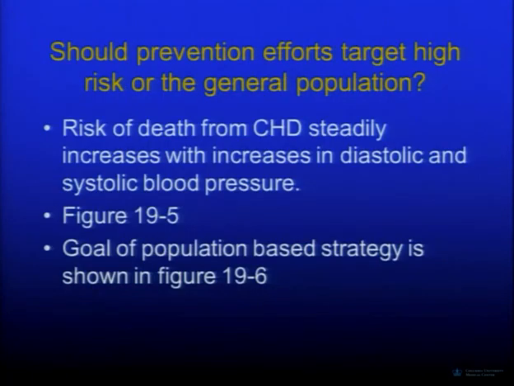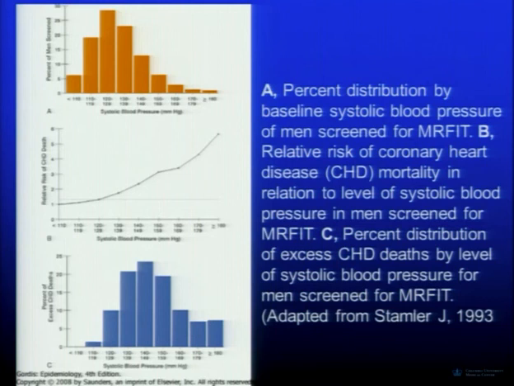So some of the other questions is whether prevention efforts should actually target high-risk people or the general population. The risk of death from coronary heart disease steadily increases with increases in diastolic and systolic blood pressure. We've known that for a long time. So if we look at this figure, it's basically showing 300,000 males screened for MRFIT, and it's looking at the percent distribution of baseline systolic blood pressure in panel A here.